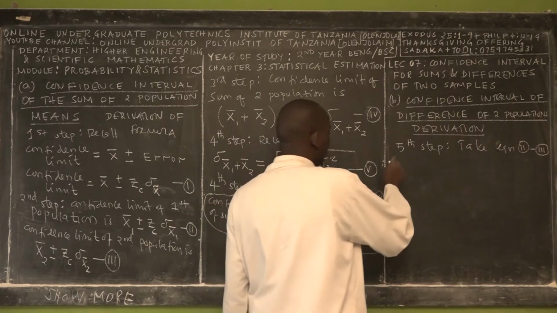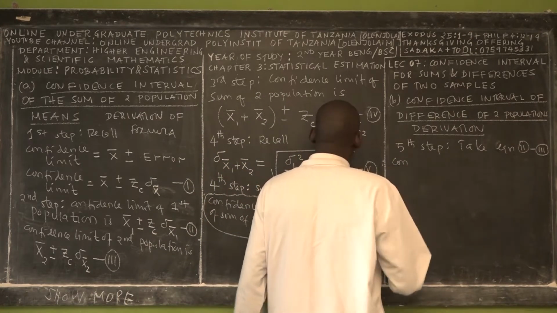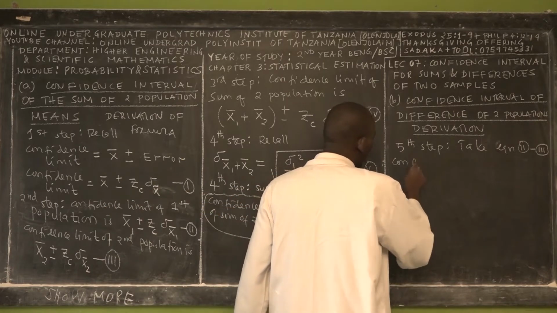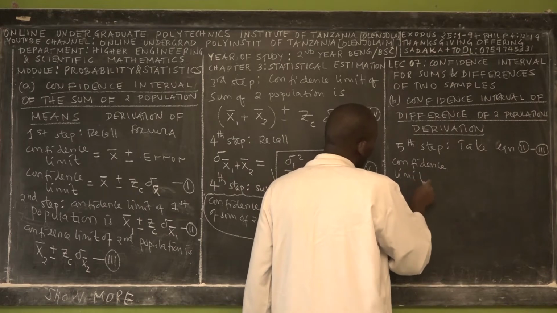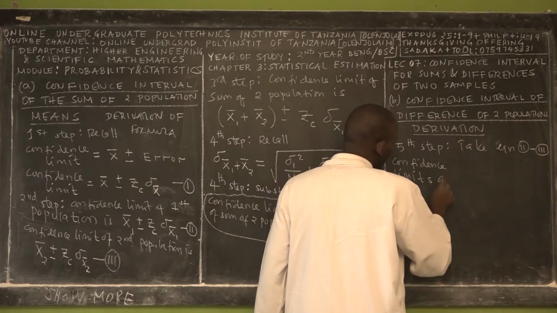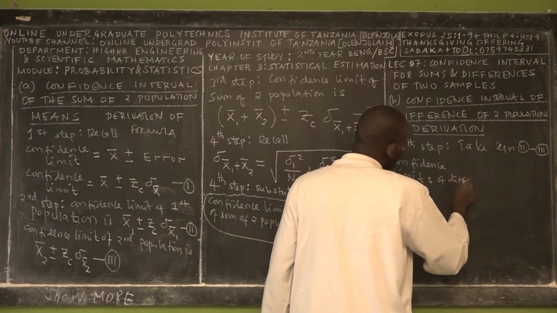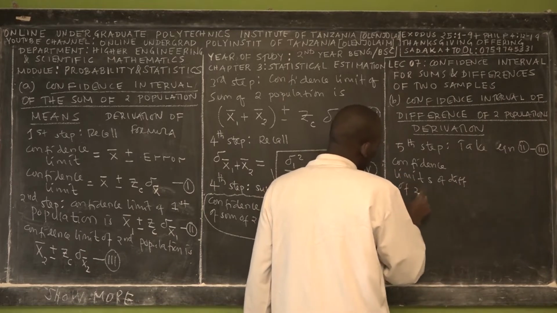From there we can find the confidence limit of the difference of two populations.